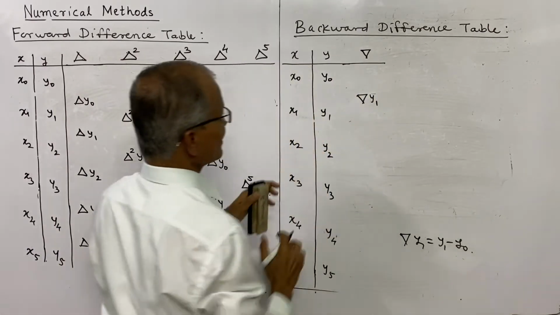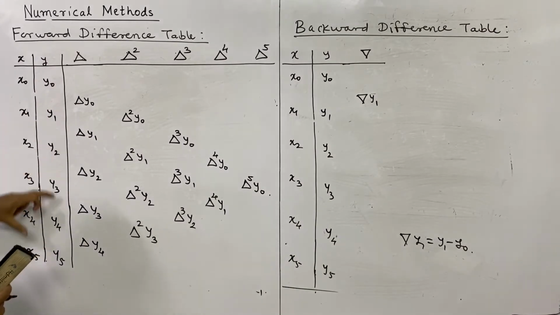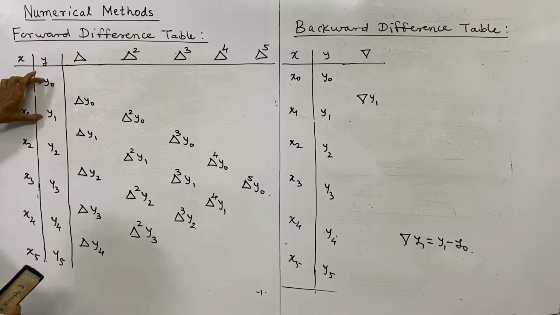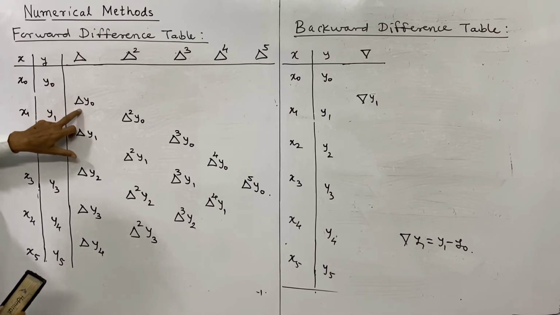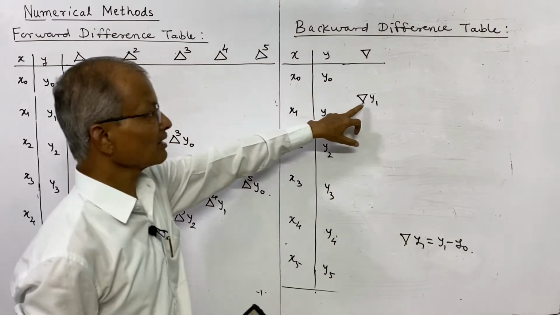The same values are there, and this same difference, which we wrote earlier as delta y0, is the same as del y1.